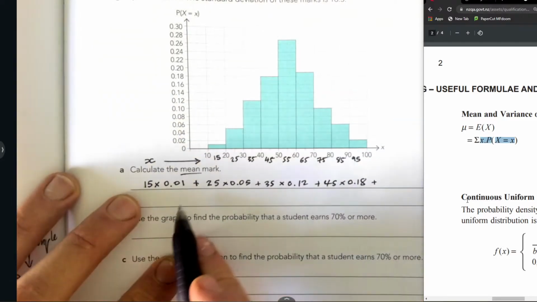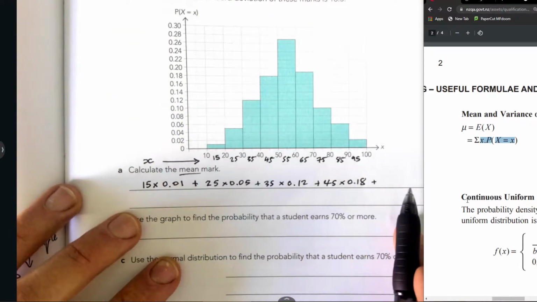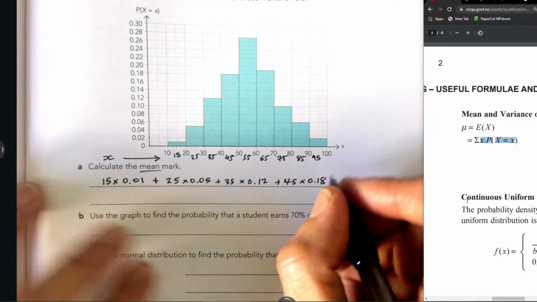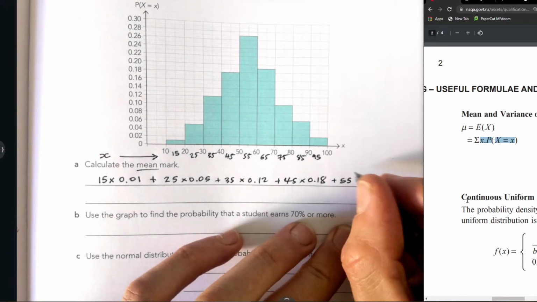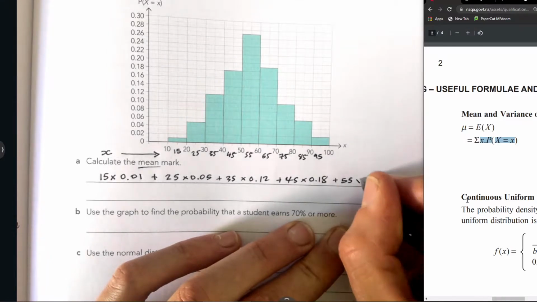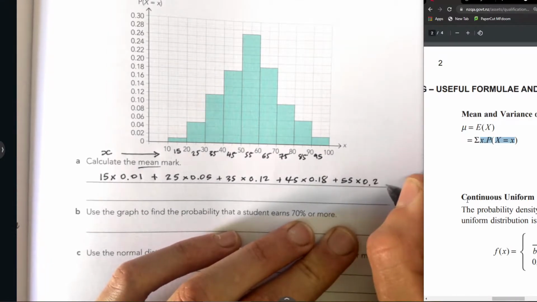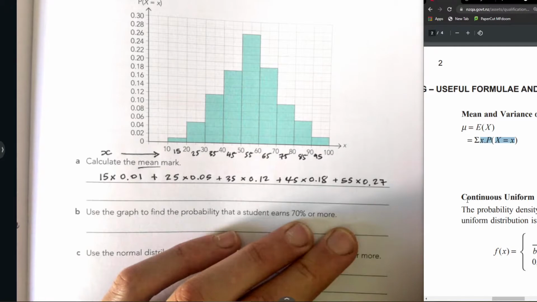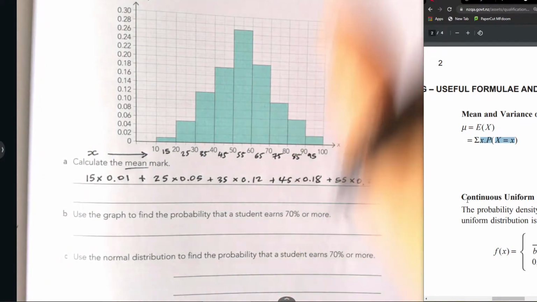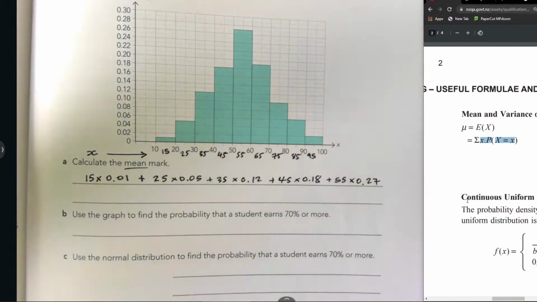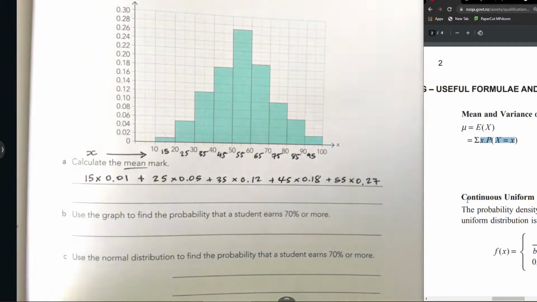See how we're just doing a summation of all of those things. It's a little bit monotonous, but if you have a graphics calculator, it becomes a bit faster. You don't actually need to write all of this down, you could just type it straight into your calculator.